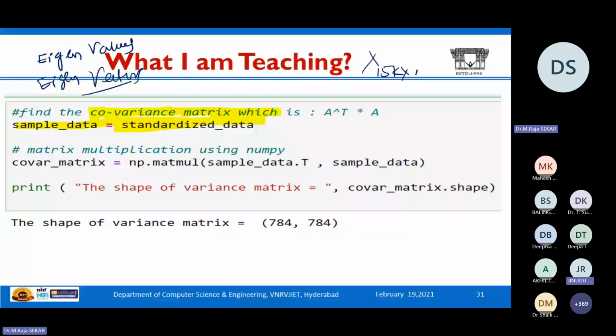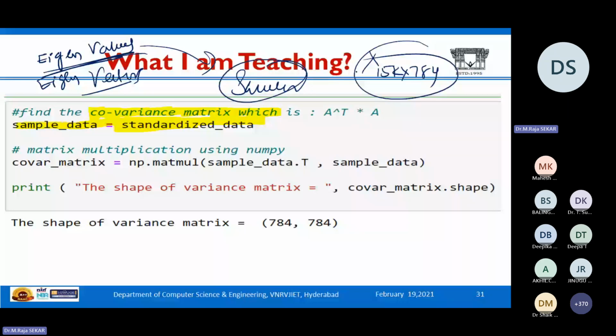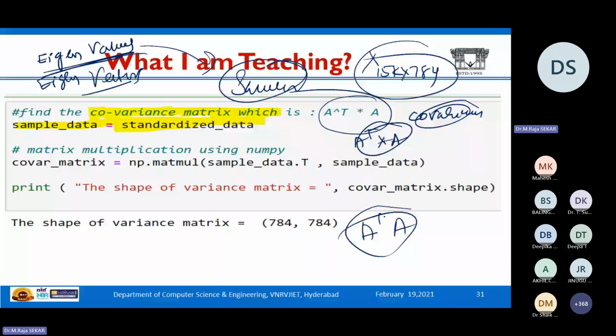To calculate eigenvalues I need a square matrix, but here I have a rectangular matrix. In order to get a square matrix, I am calculating this. In your matrix and calculus classes, there is a formula A transpose into A. For a given matrix A, calculate A transpose A and you will get the covariance matrix.